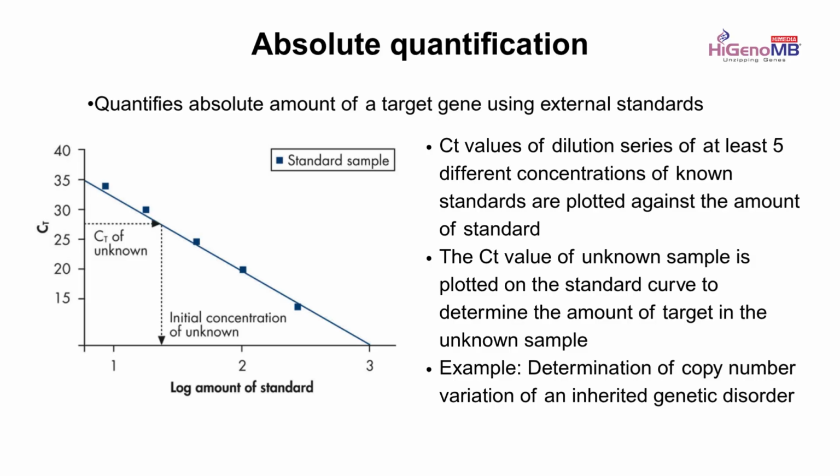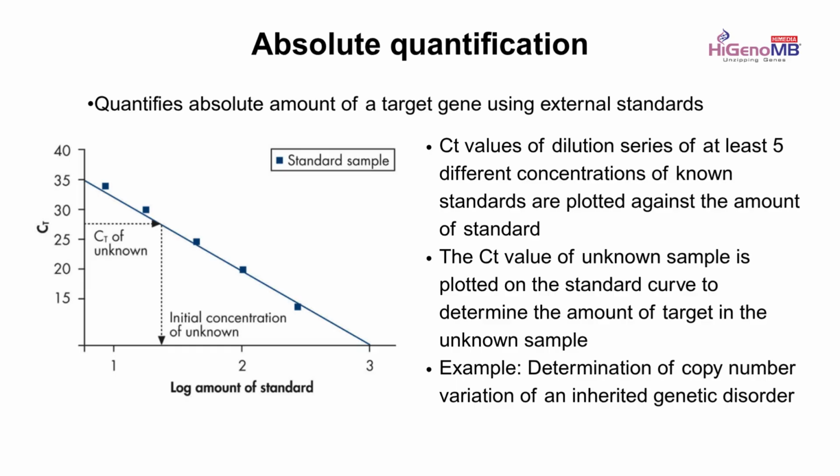So for your unknown sample also, you will arrive at some CT value. So when you plot the CT value to the standard curve, then you obtain a concentration of your unknown. So this will help you to determine the copy number or the viral load of the sample of your interest.